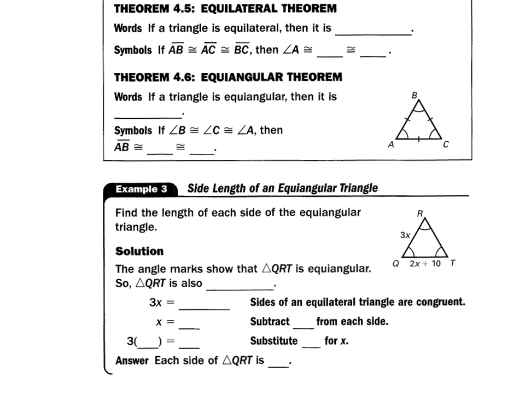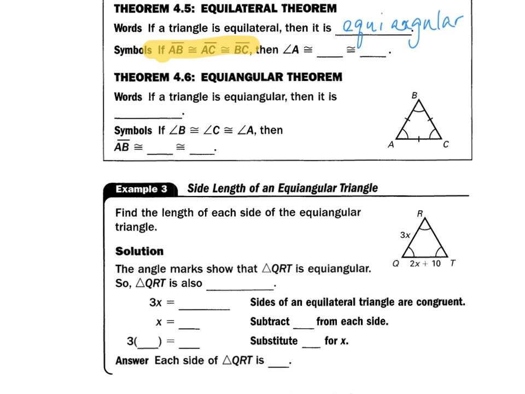Here's another theorem. This one is the Equilateral Theorem. It says that if a triangle is equilateral, meaning all three sides are equal, then it is equiangular. Here are some symbols to represent the same thing.